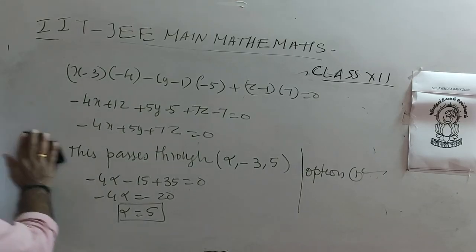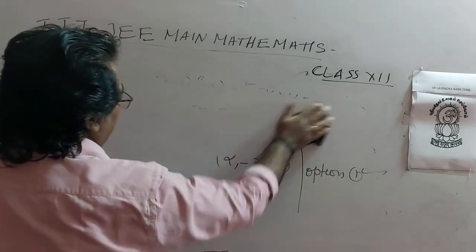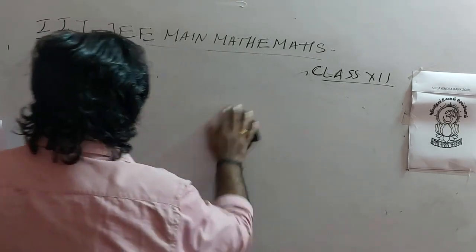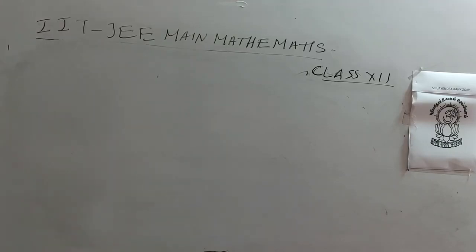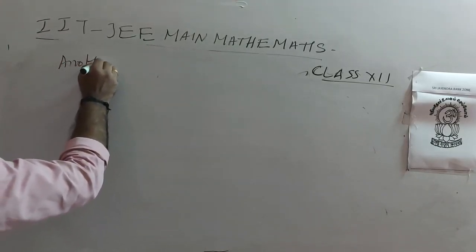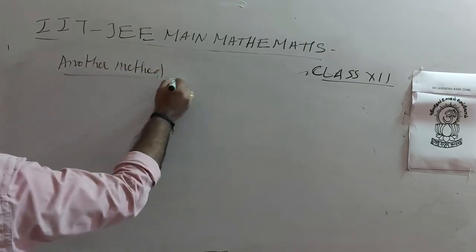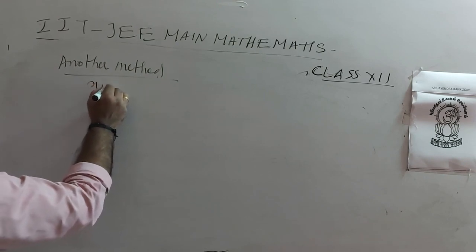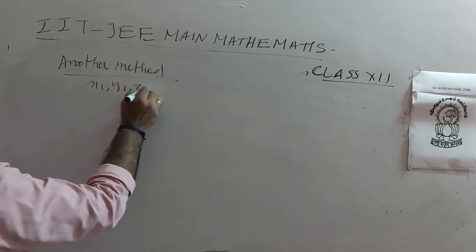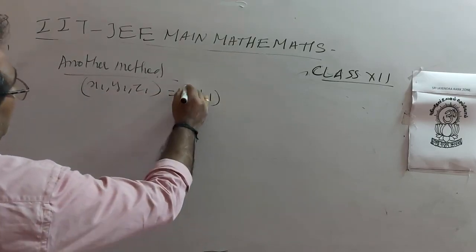The same sum can be done in another method. I will explain that method also. Here x1, y1, z1 is 3, 1, 1.